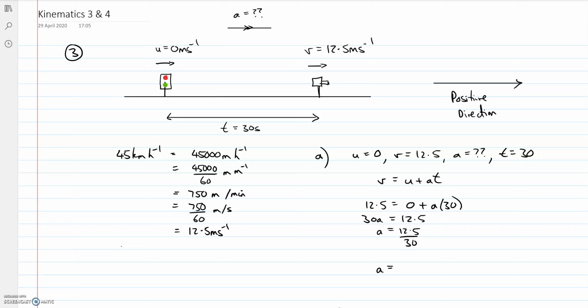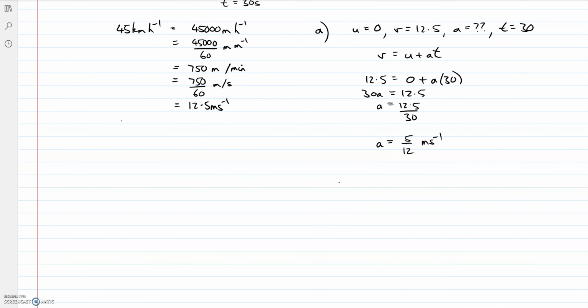So our acceleration should be 5 over 12 meters per second squared. Which is a bit ugly as a decimal, so we'll just leave it as a fraction. Okay, but our time is in seconds. Obviously our speeds are in meters per second now. So there's our acceleration, so that's part A.